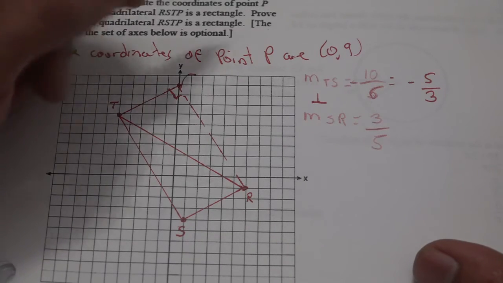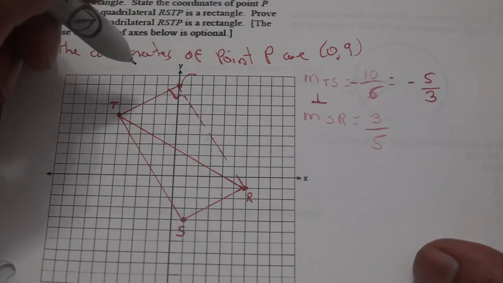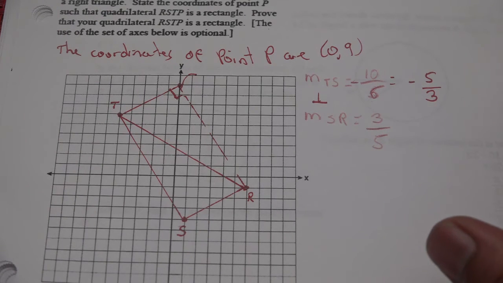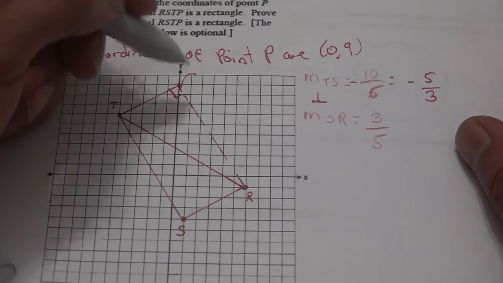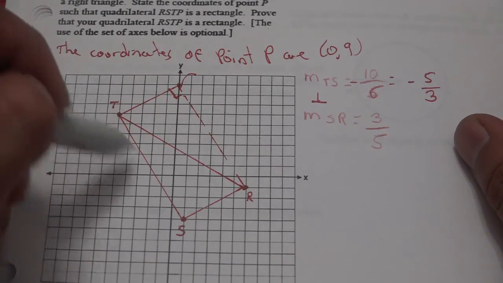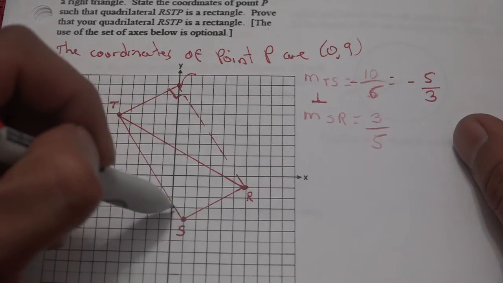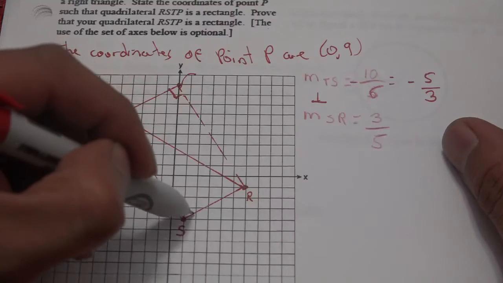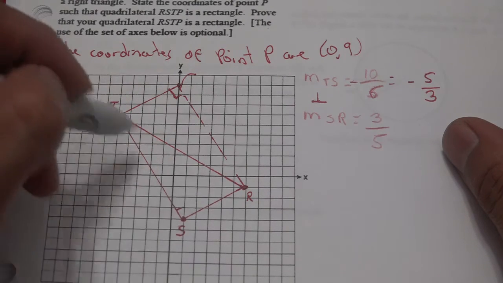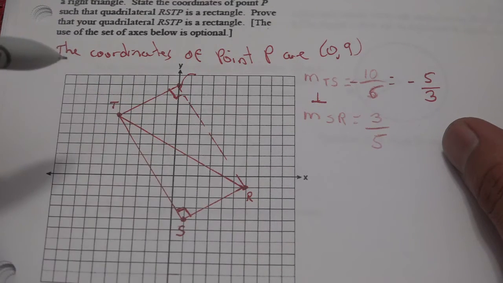A rectangle is a parallelogram, and all four angles in a rectangle are right angles. So since the slopes of TS and SR are opposite reciprocals, then angle S is a right angle.